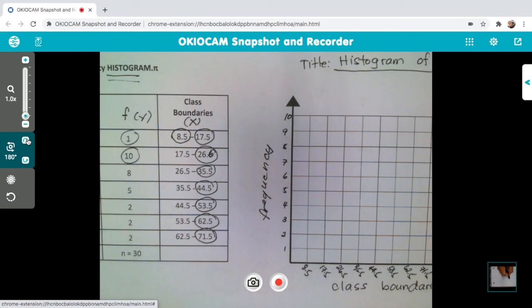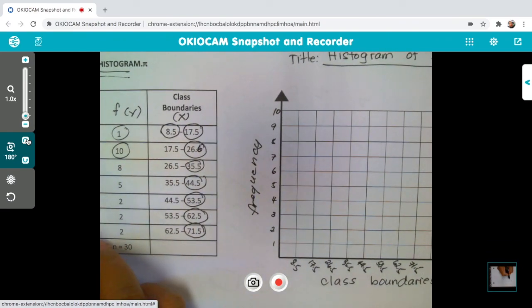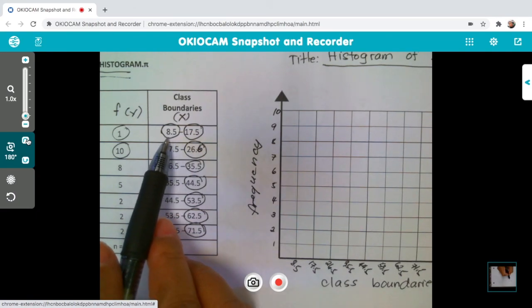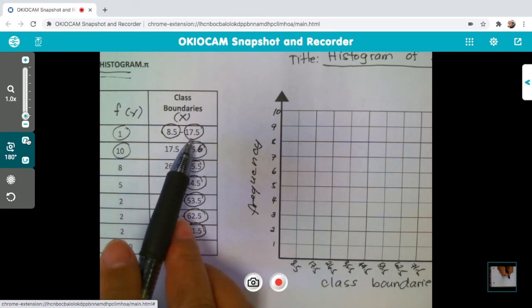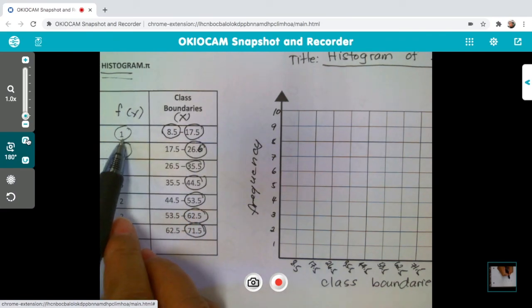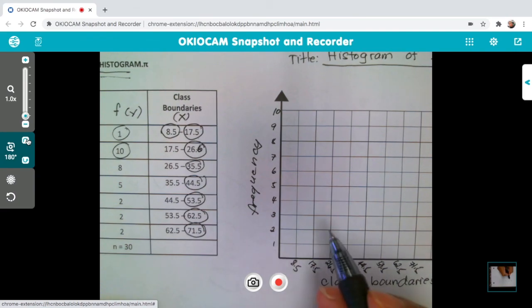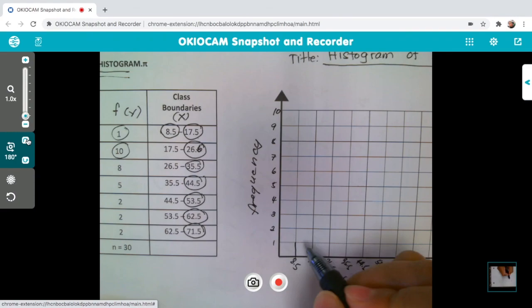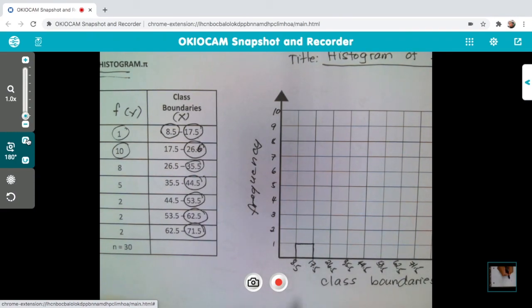Now, I want you to look at each class boundary. Class boundary from 8.5 to 17.5 has how many respondents? 1. So 1 is here. So that will be from 8.5 to 17.5. Meaning to say that the class boundary from 8.5 to 17.5 has 1.